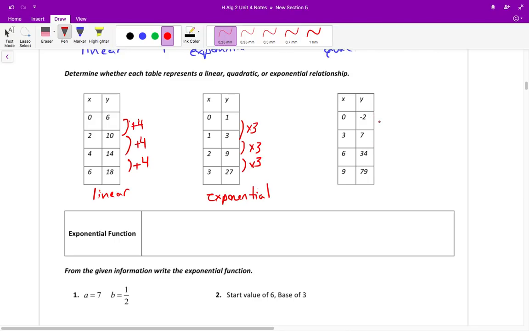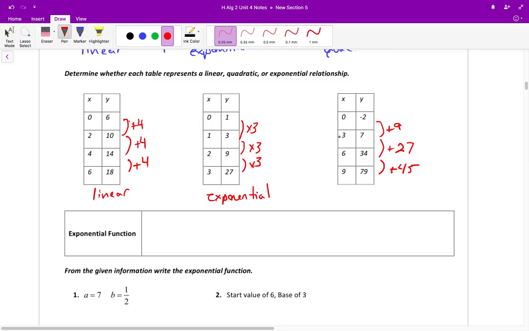So that's going to be where you look to see if it's going to be quadratic, meaning find the first common difference. So here you would add 9. Here you would add 27. 7 to get to 34, add by 27. And then 34 to get to 79, you're adding by 45.